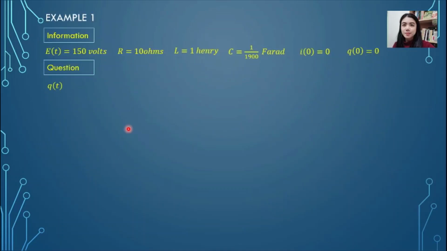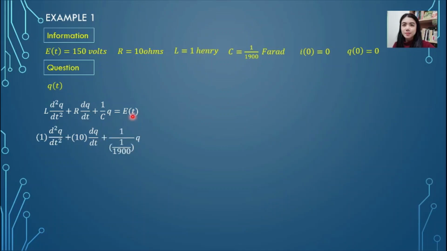Let us solve this example by using its differential equation. Let's substitute the value of L, that is 1 Henry, and the value of R, that is 10 ohm, and the value of C, which is 1 over 1900, and the E here, that is 150, and then simplify the third term that you can see here.